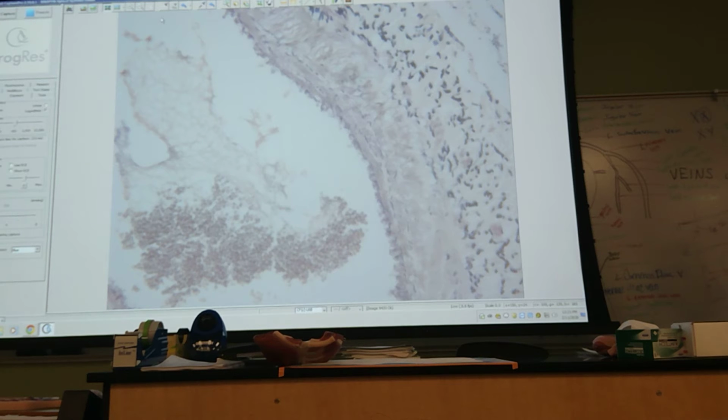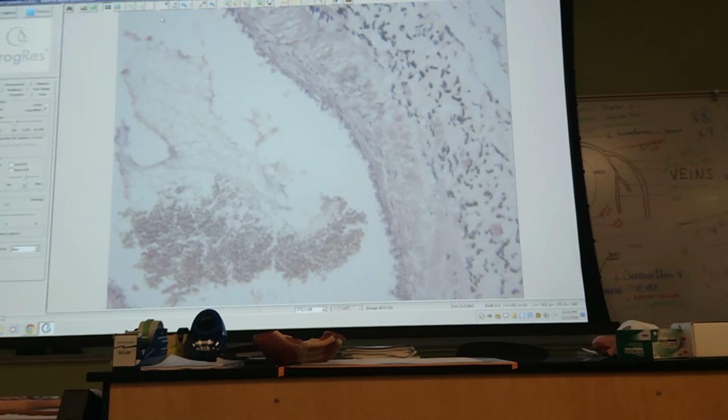You then have the lumen. Again, you have coagulated blood, all that stuff there. Then you have a tunica media. It's obviously not as dense as the smooth muscle layer in the artery was. You can see elastic fibers here and there, even in the smooth muscle layer.